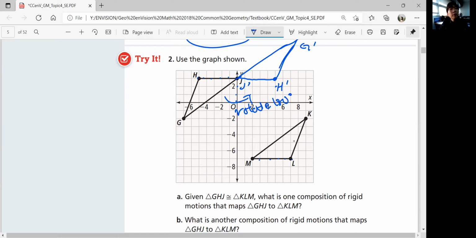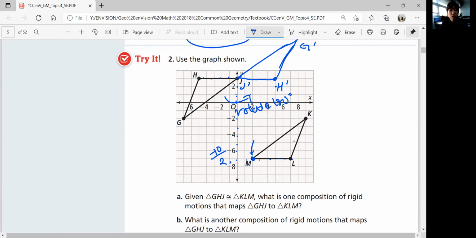Wait, where's J mapping to? M. So you want to come here, right? So go down 1, 2, 3, 4, 5, 6, 7, 8, 9, 10 units down. And then you move 1, 2 units over. Okay?